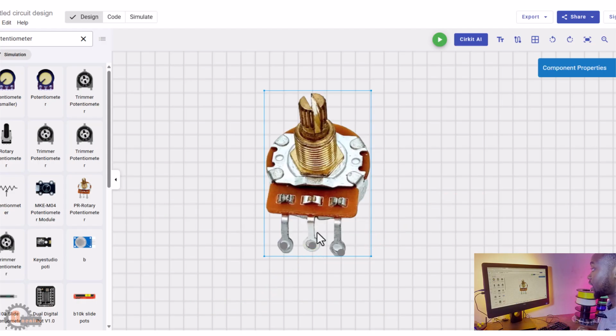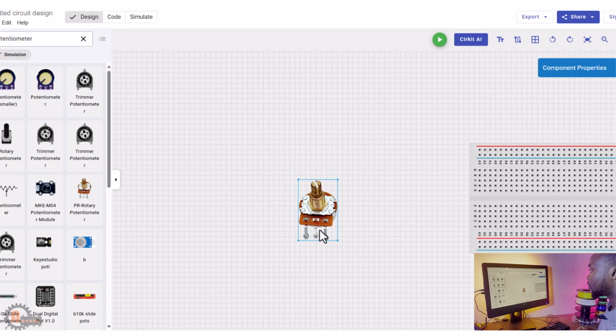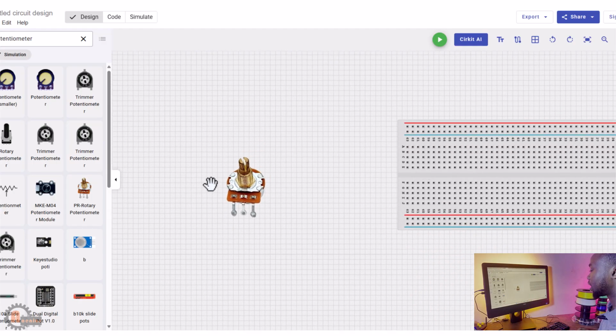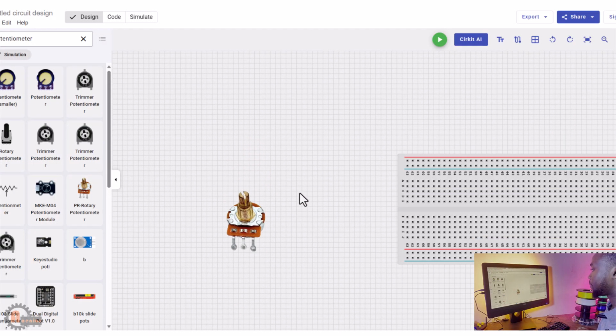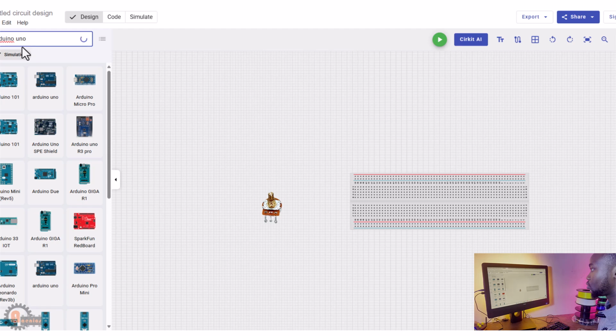So I will try and do a very simple circuit with it, just to demonstrate how it works. Let's still use the Arduino Uno as a power supply for the meantime. Arduino Uno.